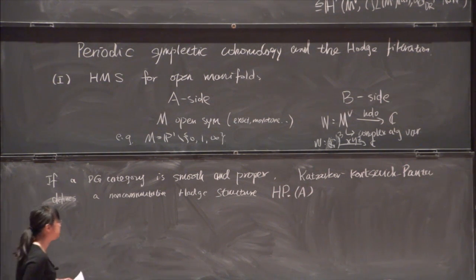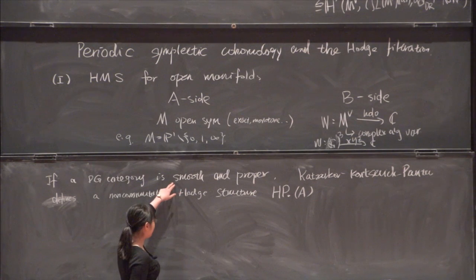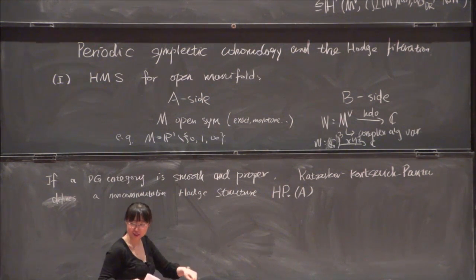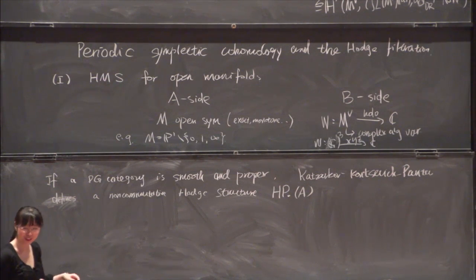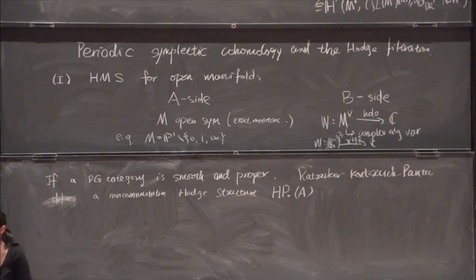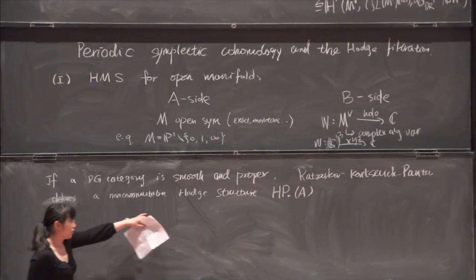Oh, I mean, since I'm in a smooth and proper category, then I know there's a degeneration. I guess once you choose that splitting, you have this. Yeah, I wasn't being precise.